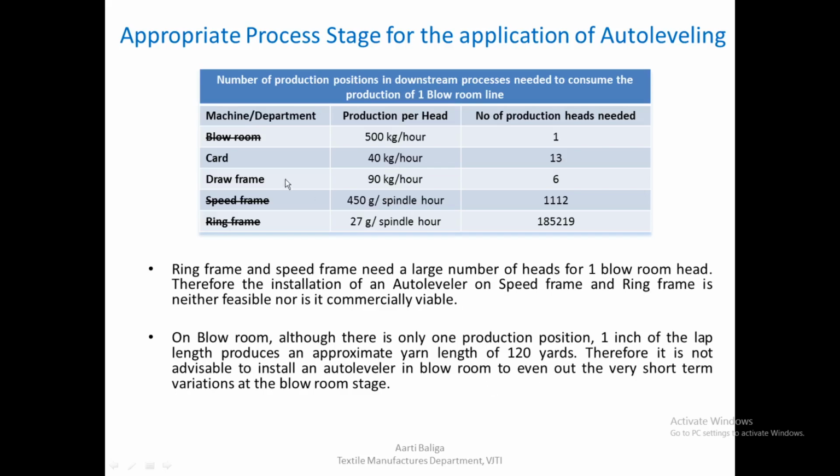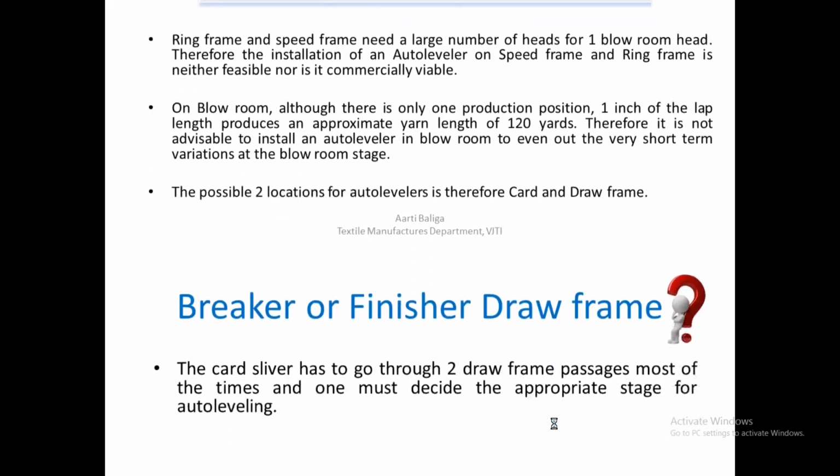So we strike off 3 stages where we can really install an auto leveler. The remaining two processes are card and draw frame, on which we can consider installing an auto leveler and trying to correct the periodic variations that we might come across. As we said, card and draw frame are the only two possible locations for an auto leveler.